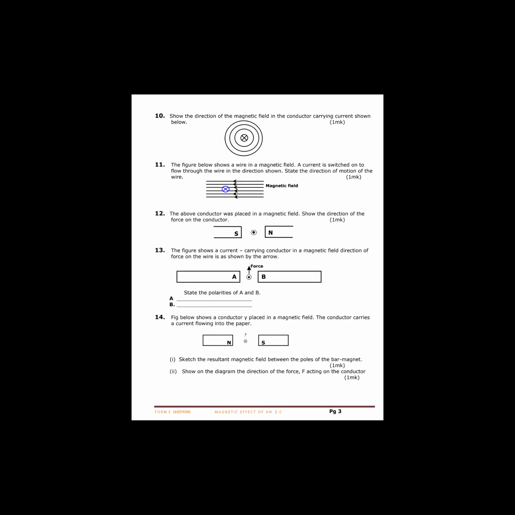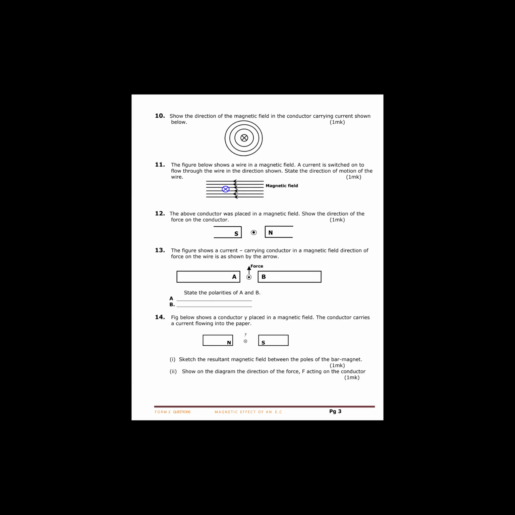The first finger should face towards the left because the field is moving from the North Pole to the South Pole. Then automatically the thumb will point downward. So the direction of force is upwards.